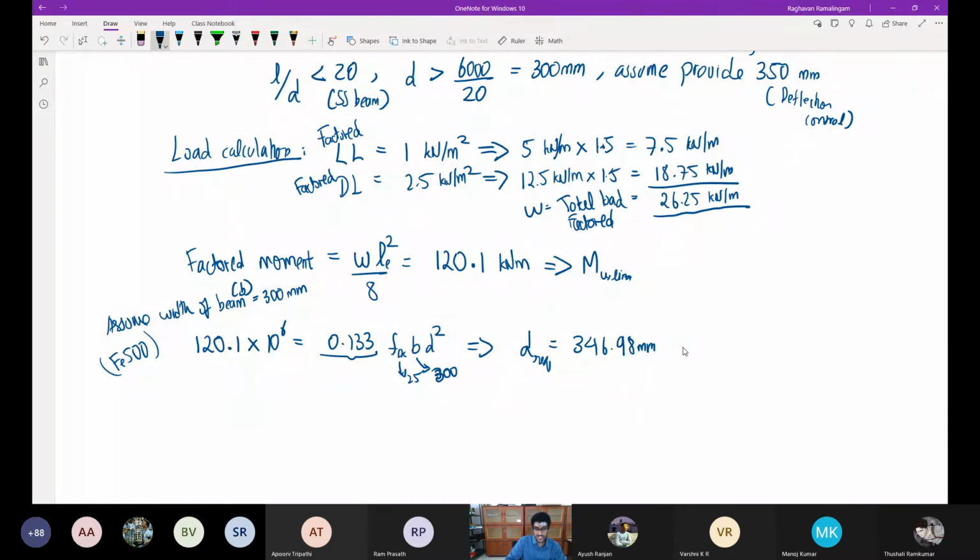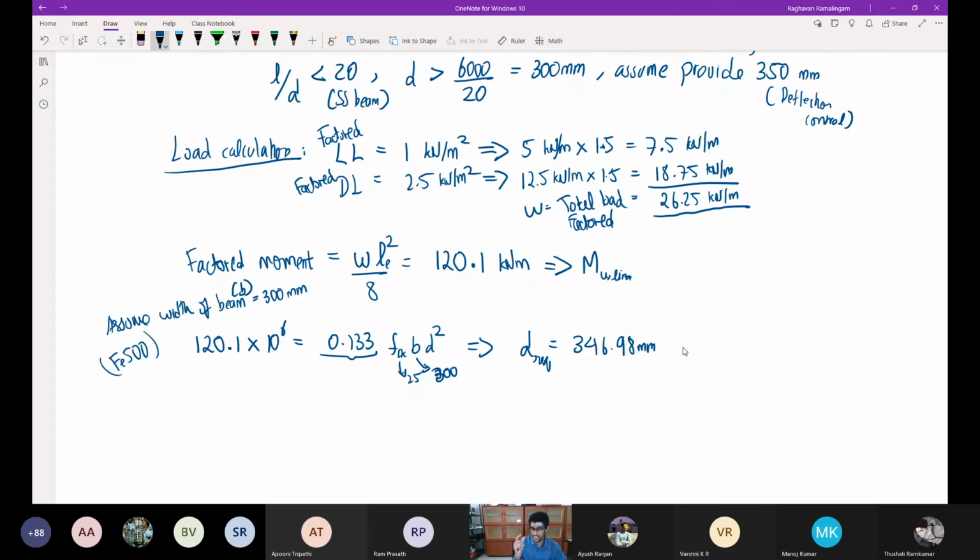But generally when you do a design, if you see that the required depth based on this calculation is coming very close to what you have actually taken, don't leave it at that. It's always a reasonably decent practice to make it a little bit bigger. Later when you provide reinforcement, you may calculate the reinforcement to be something, but because of the number of bars you can provide, it will always be a little bit more than that.